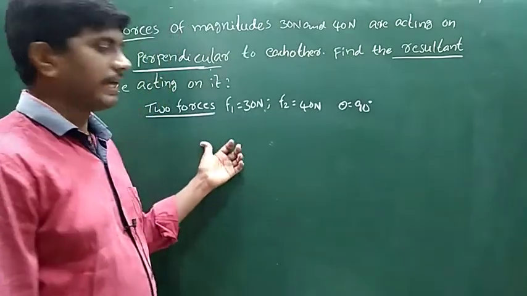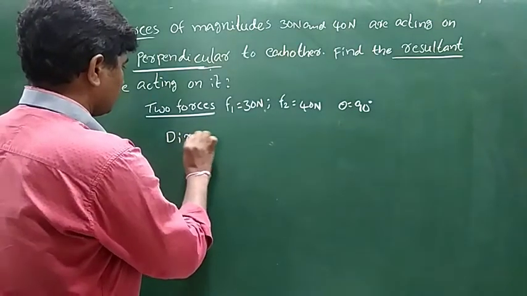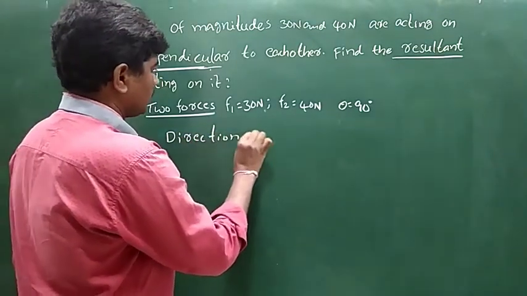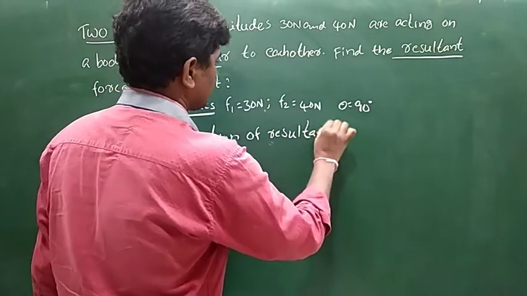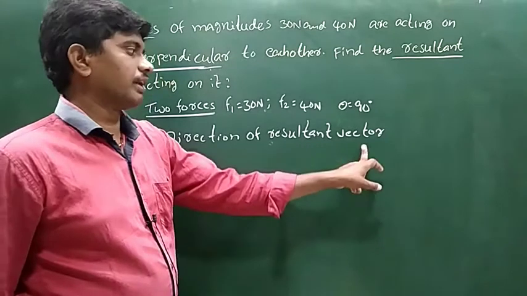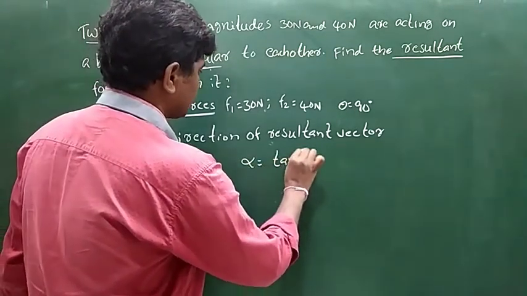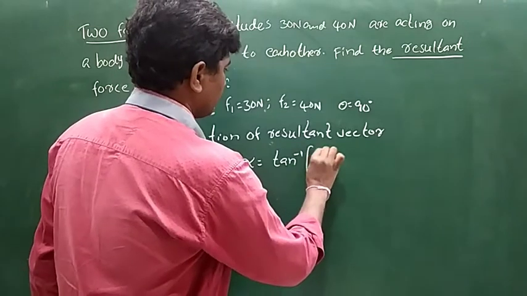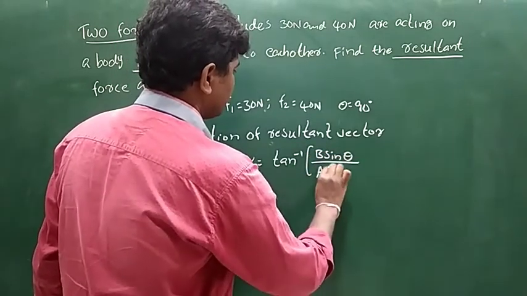The next one is the direction of the resultant vector. The formula for the direction of the resultant vector is alpha equals tan inverse of b sin theta divided by a plus b cos theta.